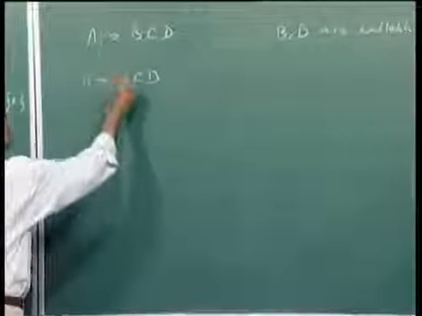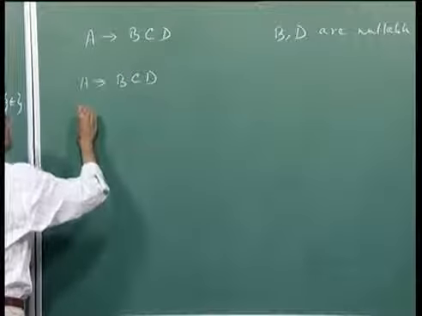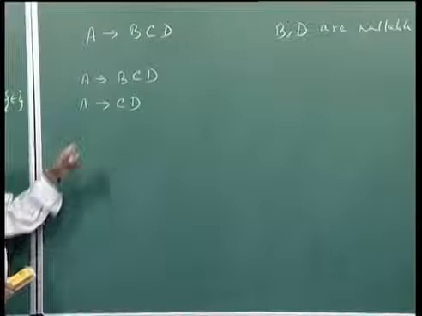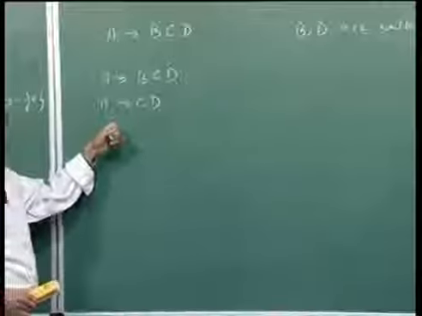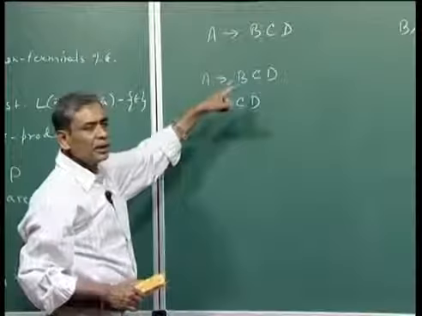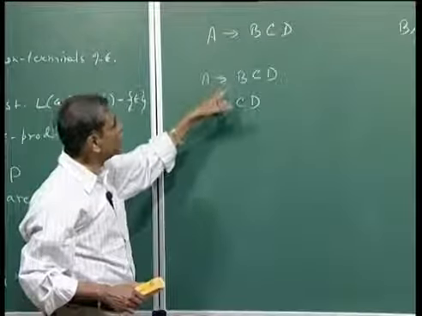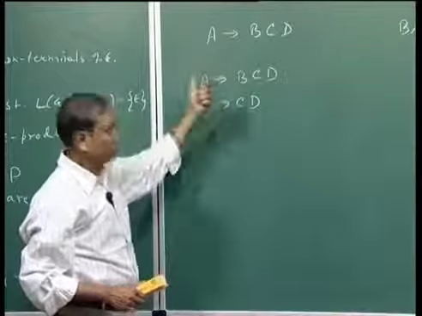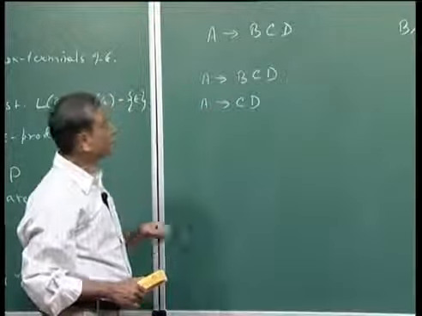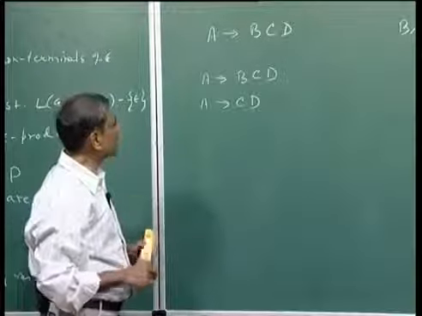Or let us take this first one: I can say that A goes to C D is also a production, because for B, it could be either epsilon or itself. Here we are choosing to make it epsilon.